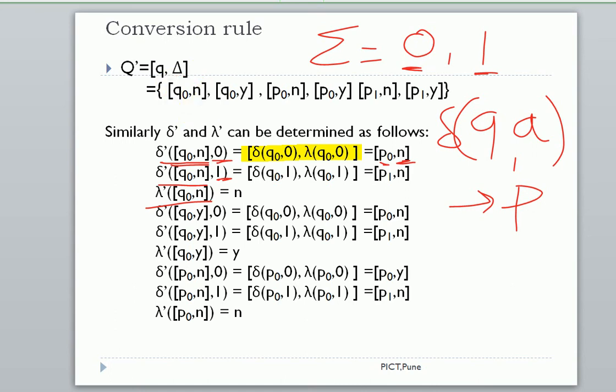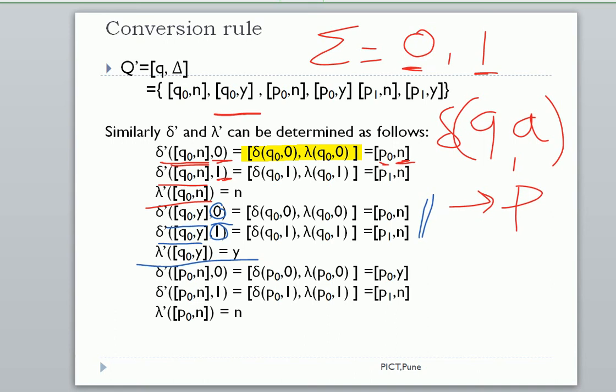Now I am moving toward the next state, Q0Y. Q0Y on 0 and on 1. This is my transition function and this is my lambda function, or machine function.